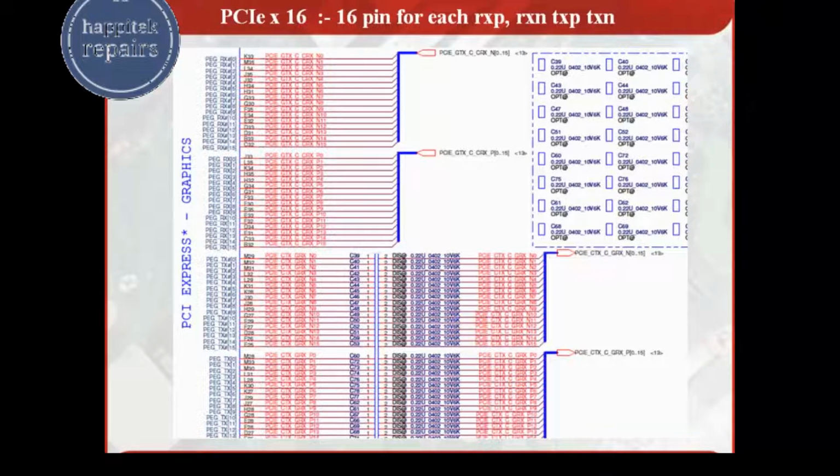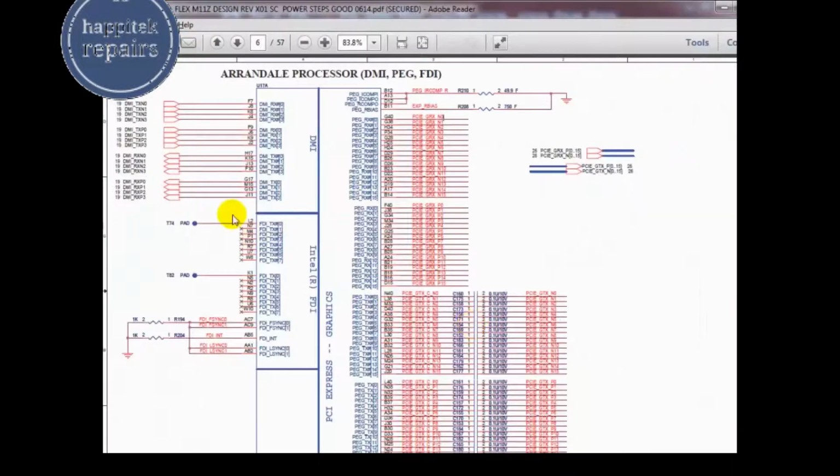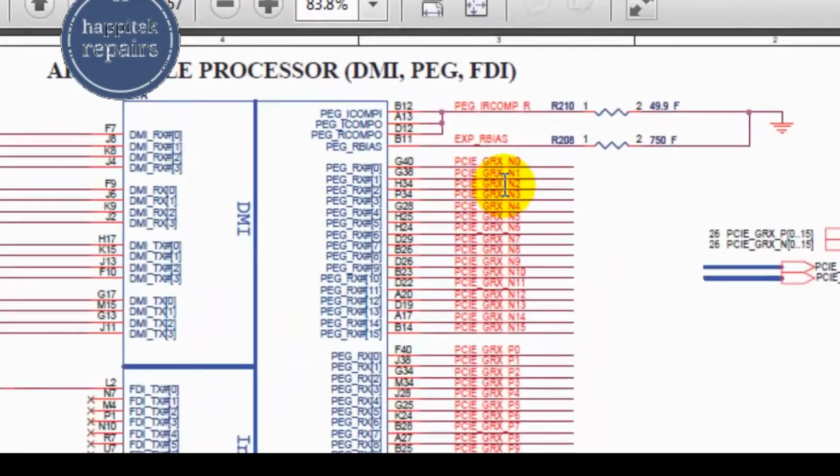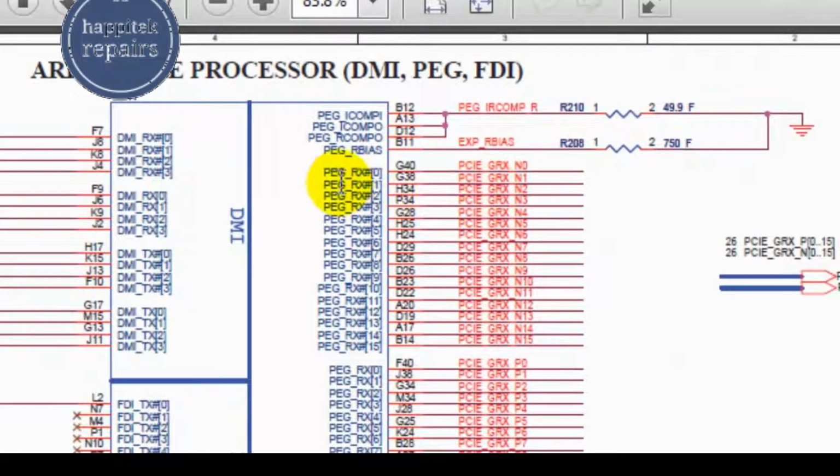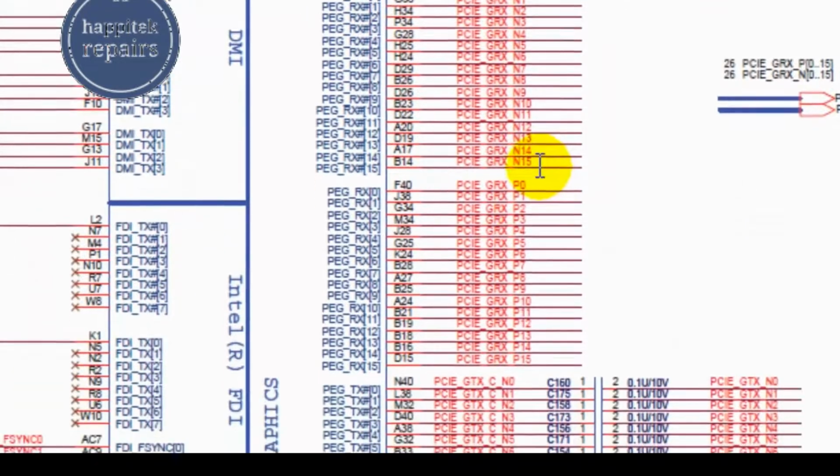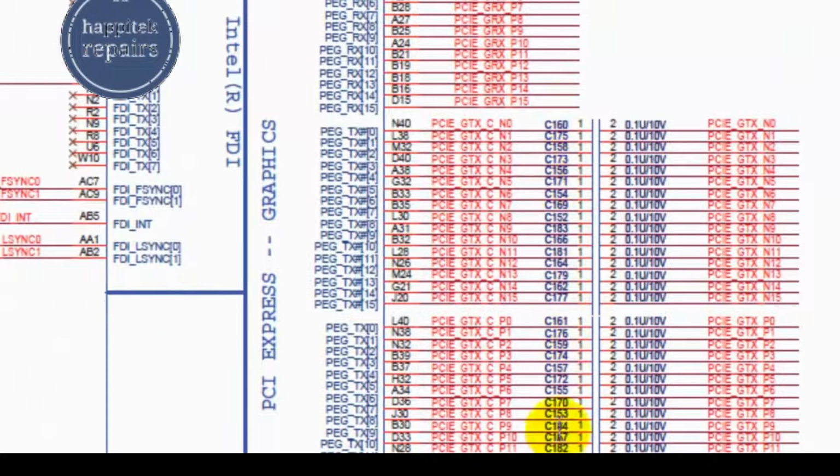In a graphic chip we will show you the graphic chip connection. That will be like this, PCI Express. This is your motherboard, Dell Inspiron 13Z. Here you can see the PCI Express connection, RX, TX 16-bit.